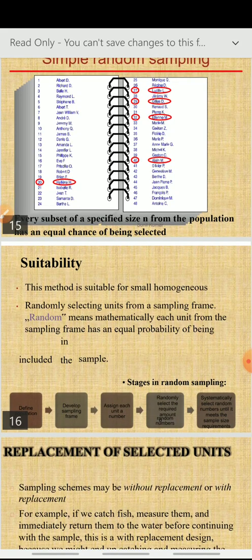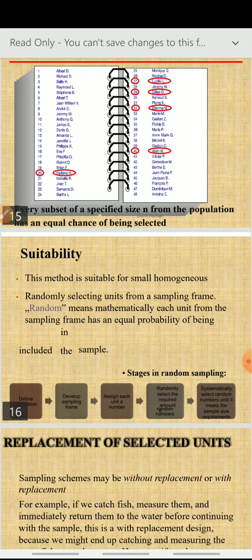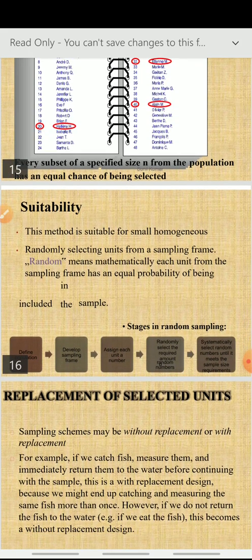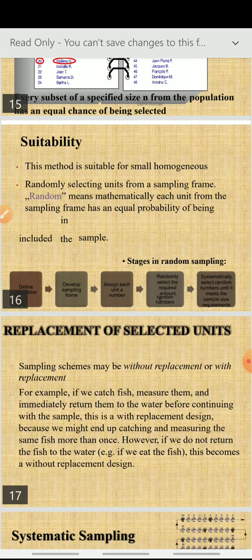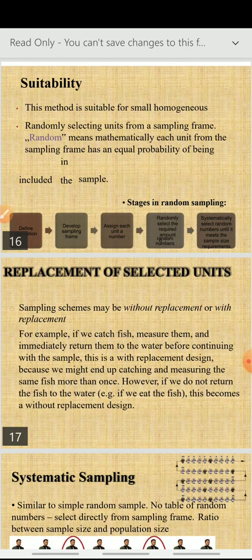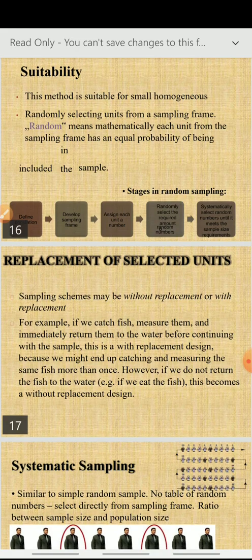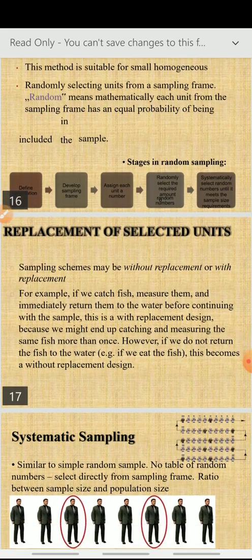So every respondent or every unit has an equal chance of getting selected. Suitability: this method is suitable for small, homogeneous populations, randomly selecting units from the sampling frame. Random means mathematically each unit from the sampling frame has an equal probability of being included in the sample.